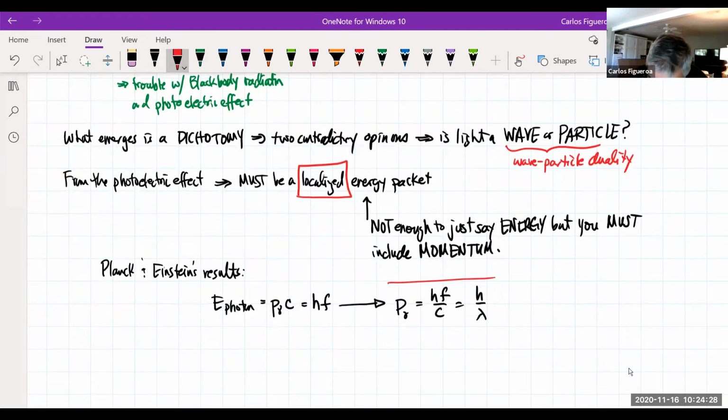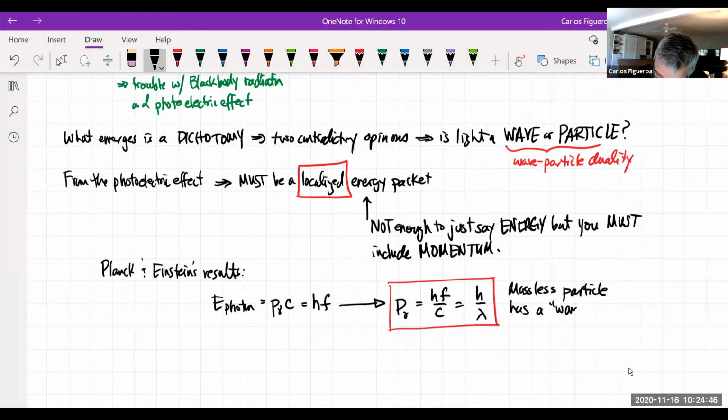So that means if I have a massless particle, it could have momentum that's related to the wavelength, right? So a massless particle has a wave-like character.